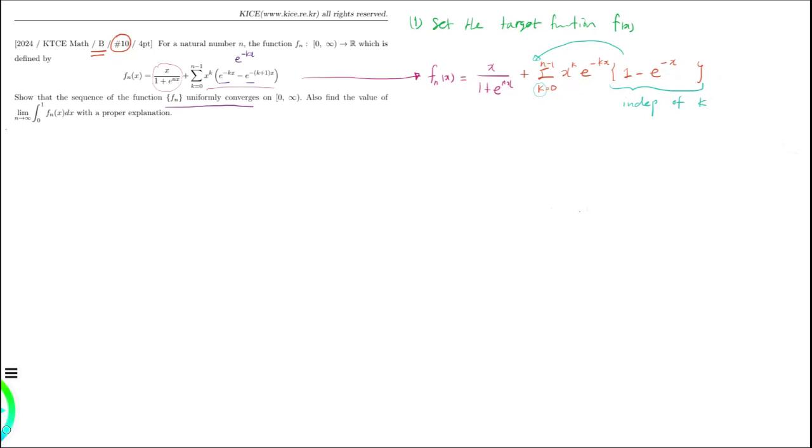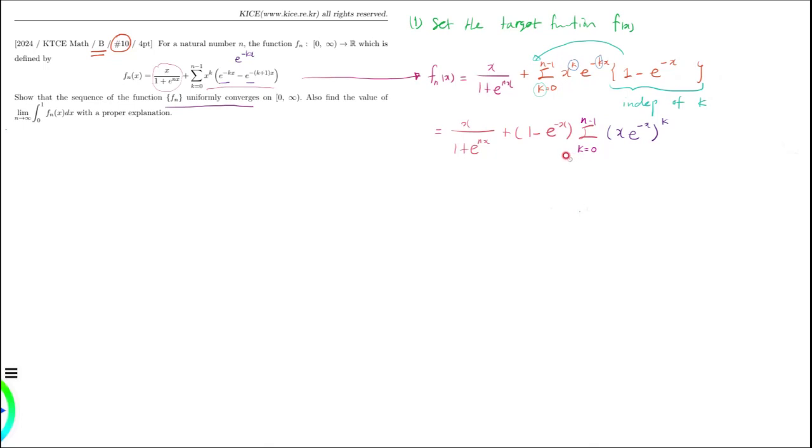So what we have is this fractional function part plus 1 minus e to the minus x times the summation, where the kth power is the same, so I use parentheses: x times e to the minus x, to the kth power, summation k from 0 to n minus 1.